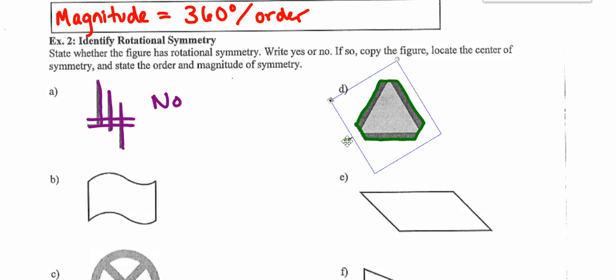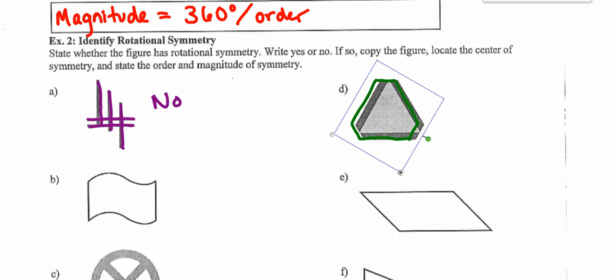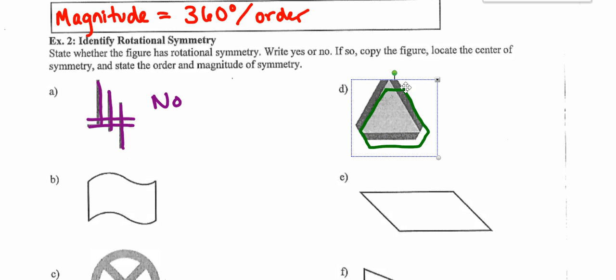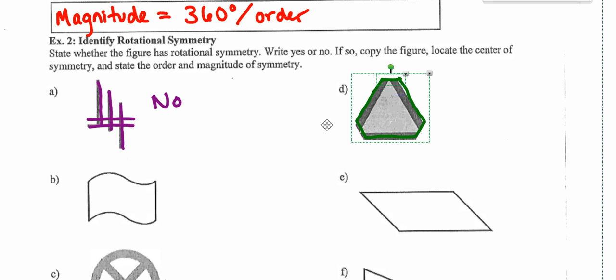You'll notice that it does map to itself. And there it is there again. And there it is there. So the center of rotation in this particular case is going to be right there in the center of that figure. It's a little harder for me because I can't move it from exactly the center, but the answer is definitely yes.